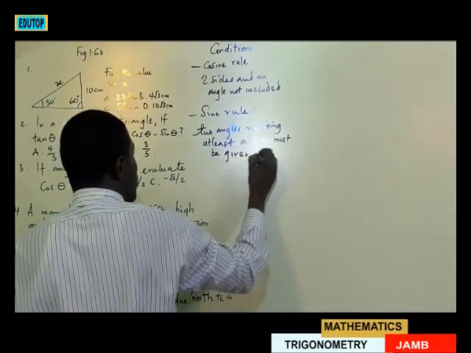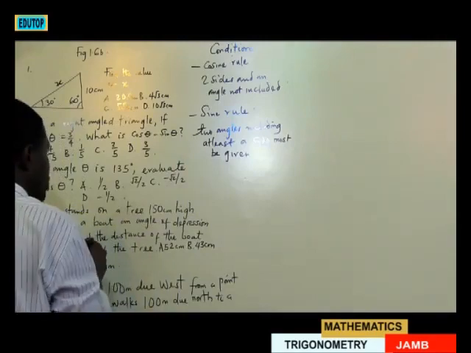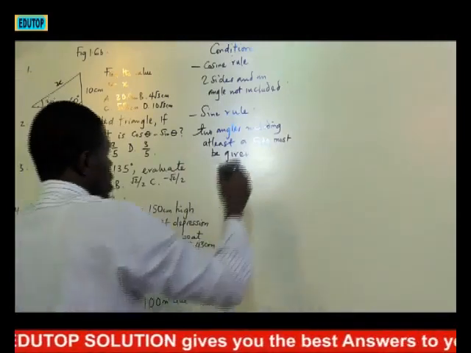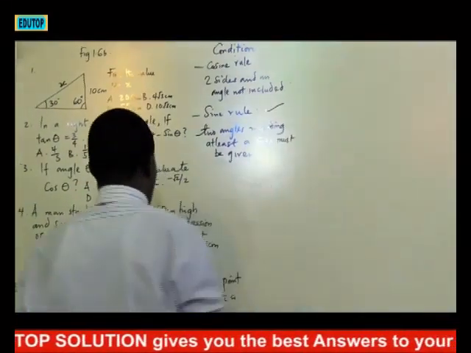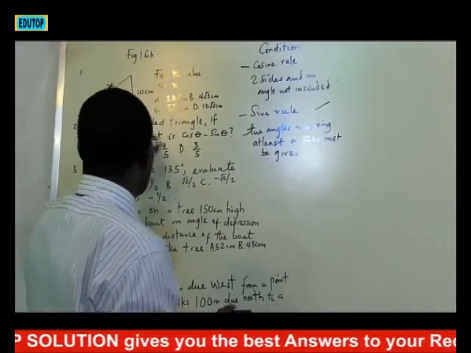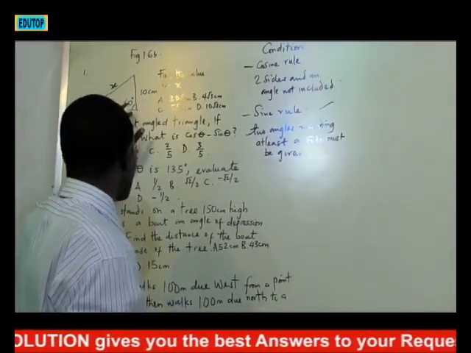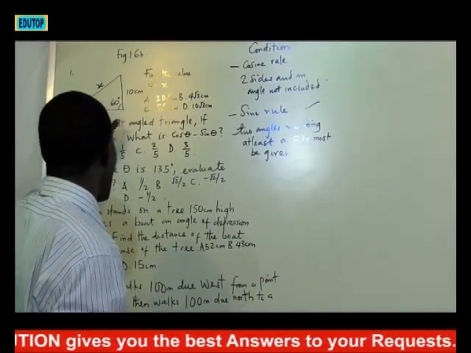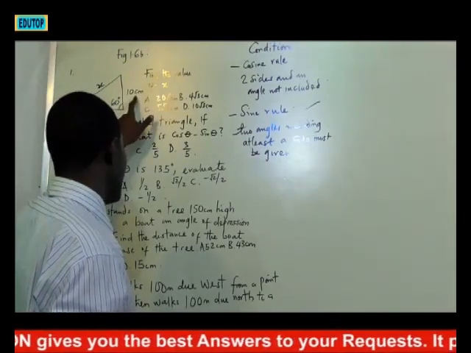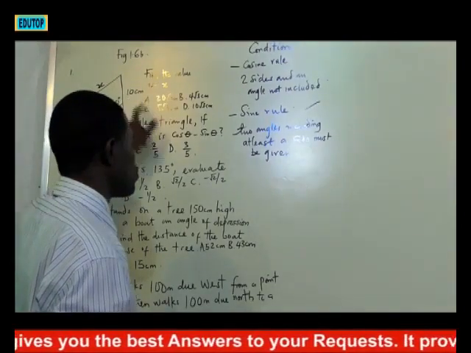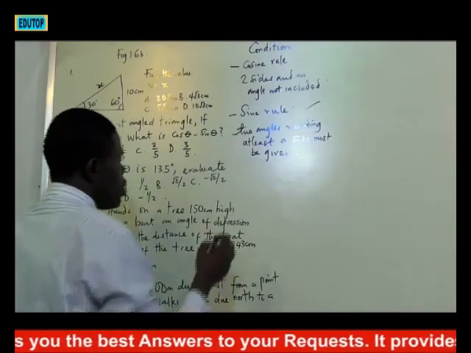So in this situation, which one will now suit this question of interest? It will be no other one rather than the sine rule. Because in this situation, two angles are given, but one of the angles is including a side. You can see it, the side is known. So in that situation, we use the sine rule.